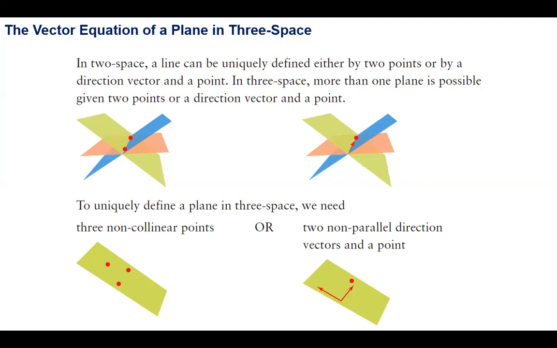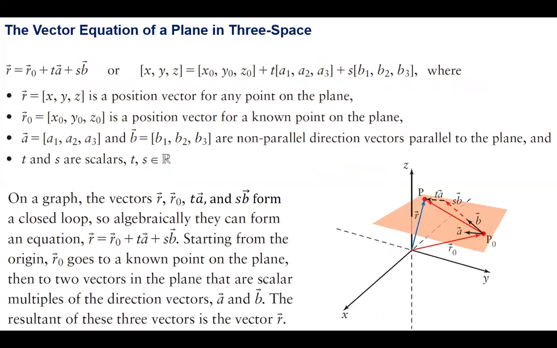So now let's study the vector equation of a plane in 3-dimensional space. The vector equation of a plane in 3-dimensional space can be given in this form: vector r equals vector r naught plus t times vector a plus s times vector b.